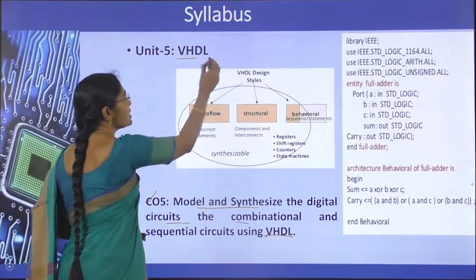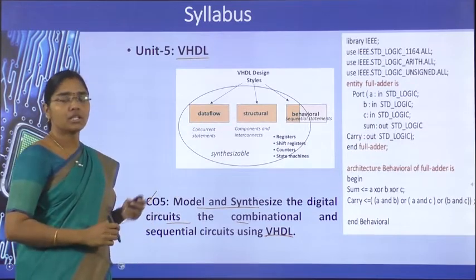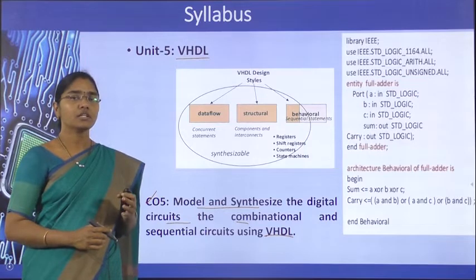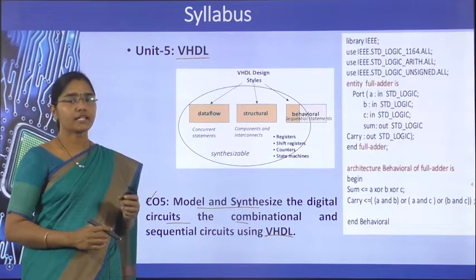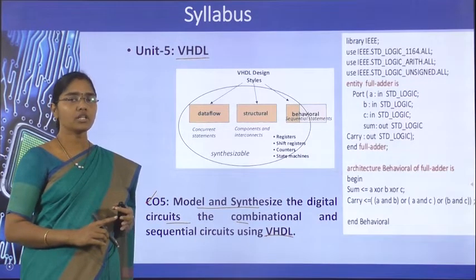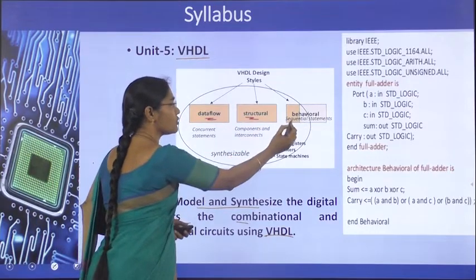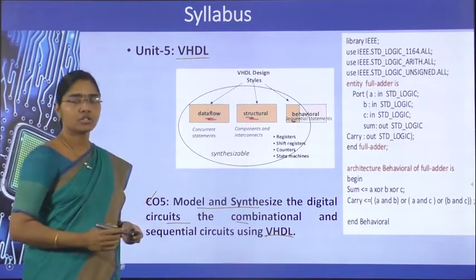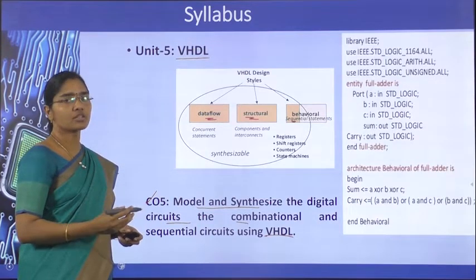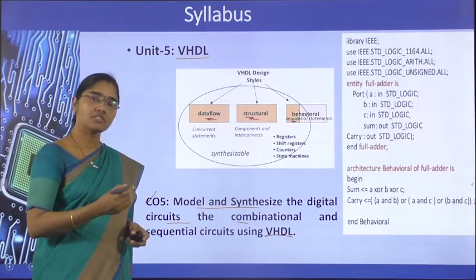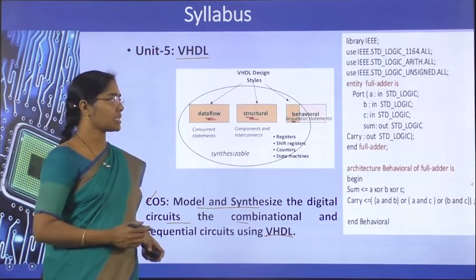Fifth unit covers the VHDL part, starting from the program structure, then different models like data flow model, structural model and behavioral model. So the students are going to write the programming using these three styles and mixed style also for different applications.